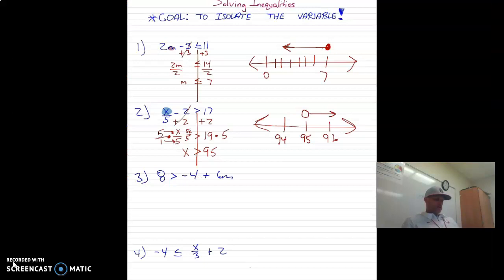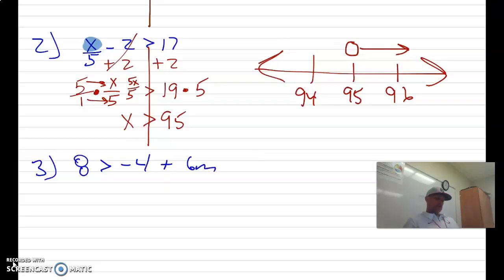Number 3: 8 is greater than negative 4 plus 6m. Do we really mind what side the variable is on? No, not really. It's not that big a deal. Typically, we want to read the variable first when it comes time to graph it, and we'll talk about that in a second.